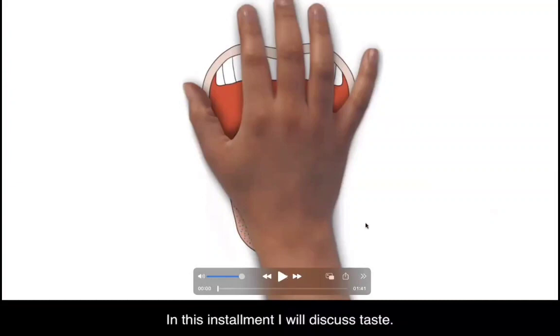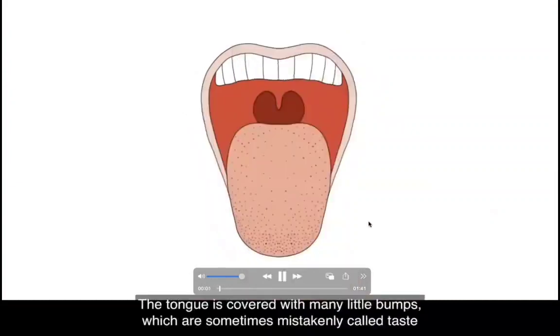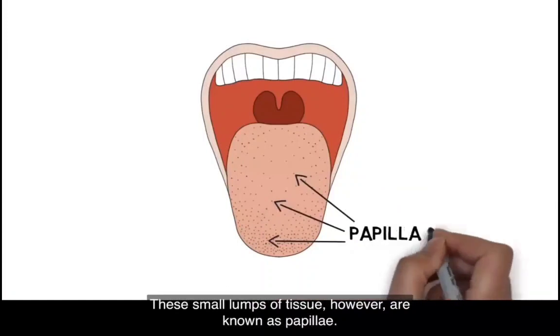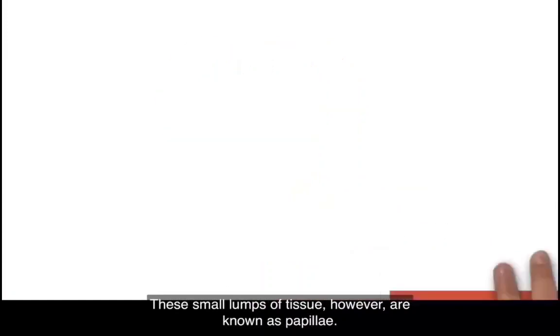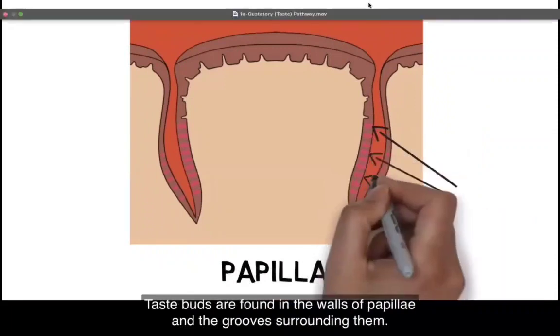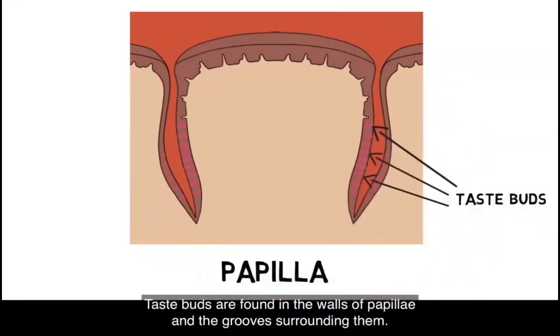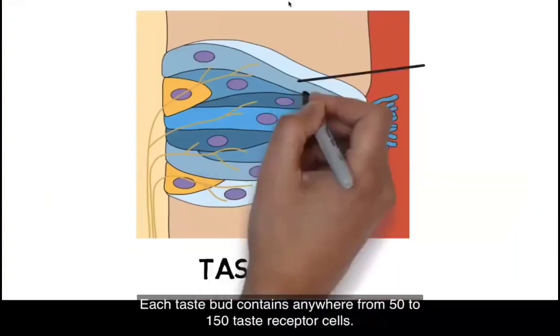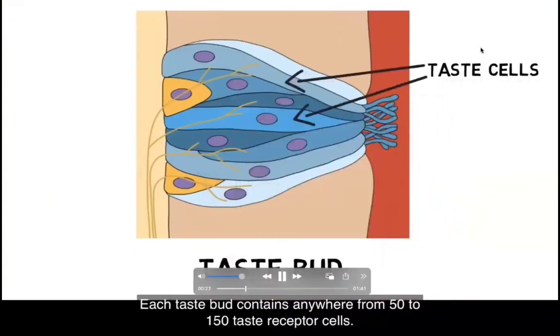Okay. Tongue is covered with many little bumps, which are sometimes mistakenly called taste buds. These small lumps of tissue, however, are known as papillae. Taste buds are found in the walls of papillae and the grooves surrounding them. Each taste bud contains anywhere from 50 to 150 taste receptor cells.